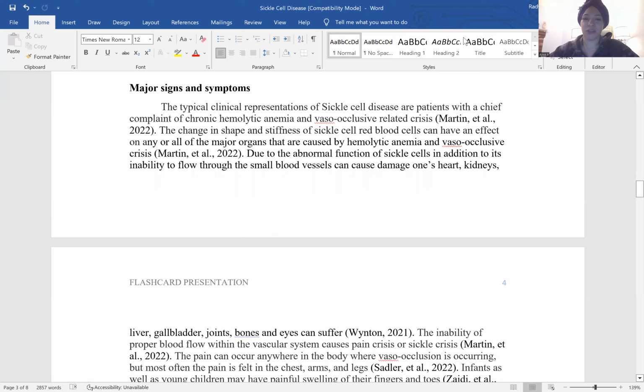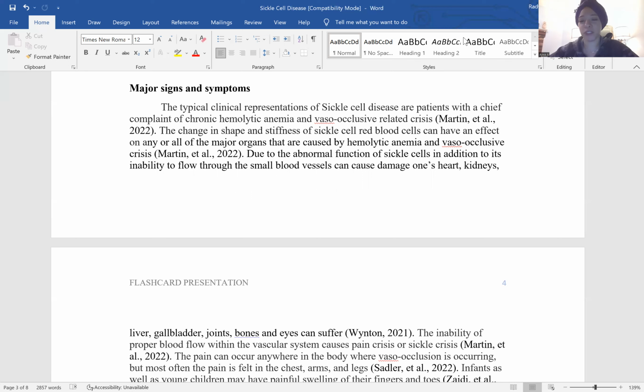So what are the major signs and symptoms of sickle cell disease? The typical clinical presentation of sickle cell disease is patients with a chief complaint of chronic hemolytic anemia and vaso-occlusive related crisis. The change in shape and stiffness of the sickle cell red blood cells can have an effect on any or all of the major organs, caused by hemolytic anemia and vaso-occlusive crisis.